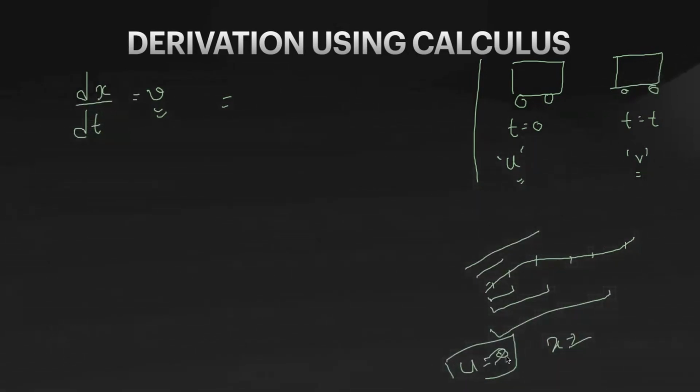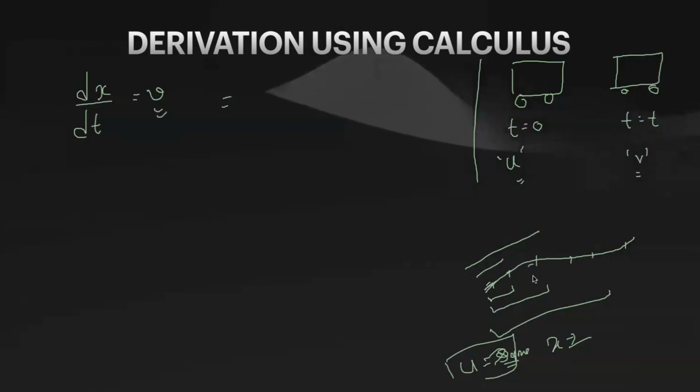This is not zero, this is the same. Initial velocity is the same. If this v was initial velocity, then irrespective of the path taken, the final velocity would have been the same. But is the final velocity always the same?